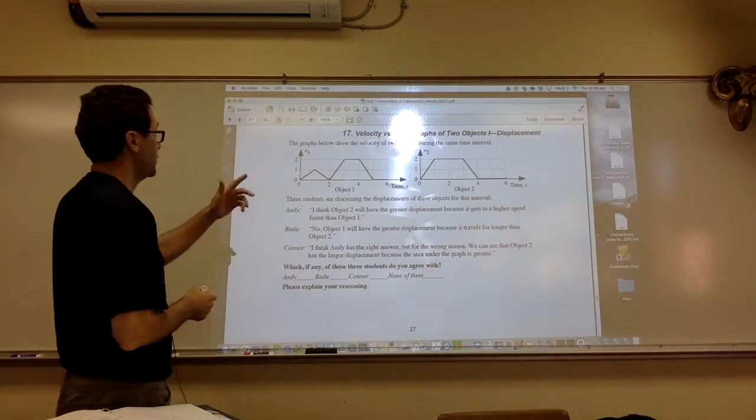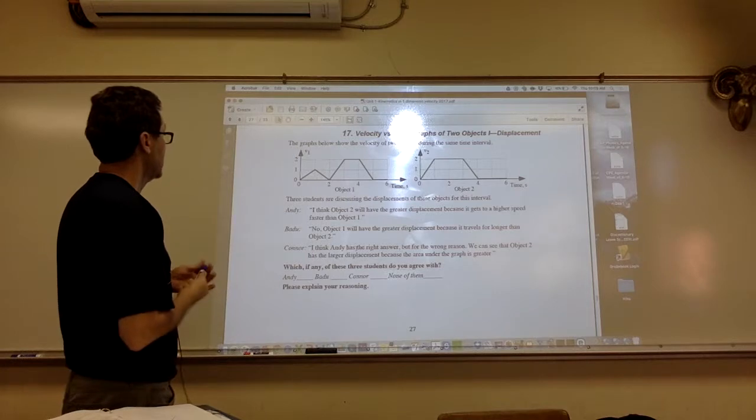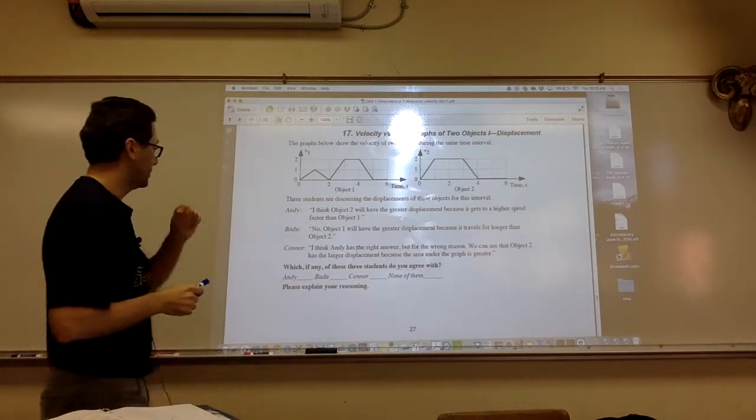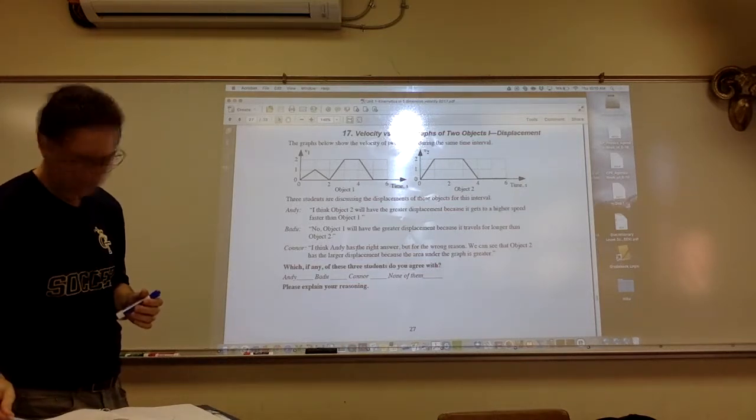For these two graphs, these are velocity time graphs. The students are making these statements. I think object 2 will have the greater displacement because it gets to a higher speed faster than object 1. I'm looking at the right one.